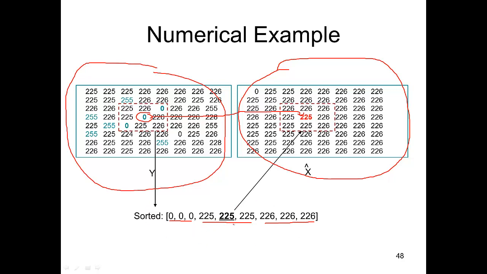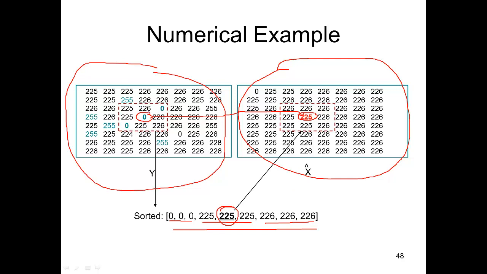Then we get the median value. The median value is here, 226. After you get the median value of the sequence, the new pixel value in the noise reduced image should be 226. So this pixel becomes 226.